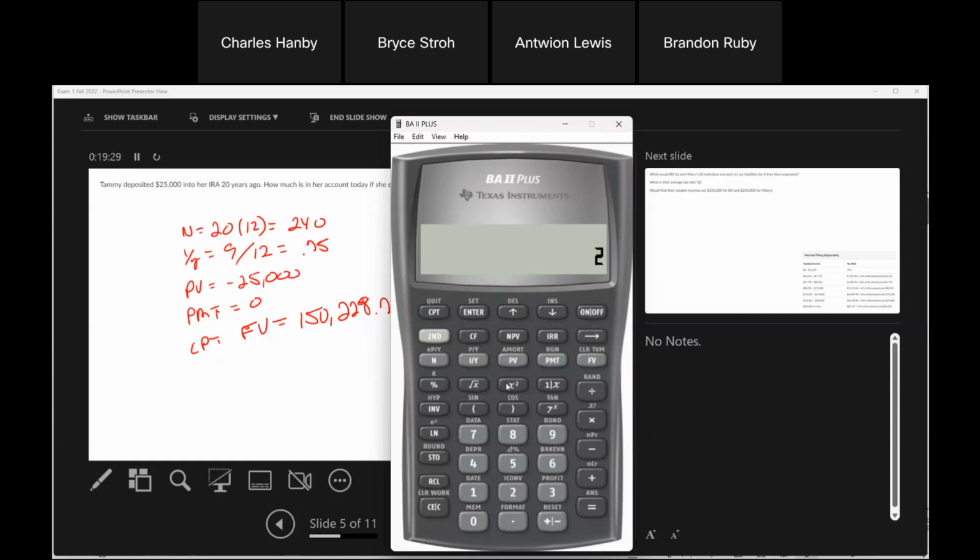The other thing, RCL is recall, and STO is store. Those keys can come in handy. So recall PV, and then I hit plus minus, and then I press PV again and hit compute, and I've changed that to a negative, and I will reverse the sign.